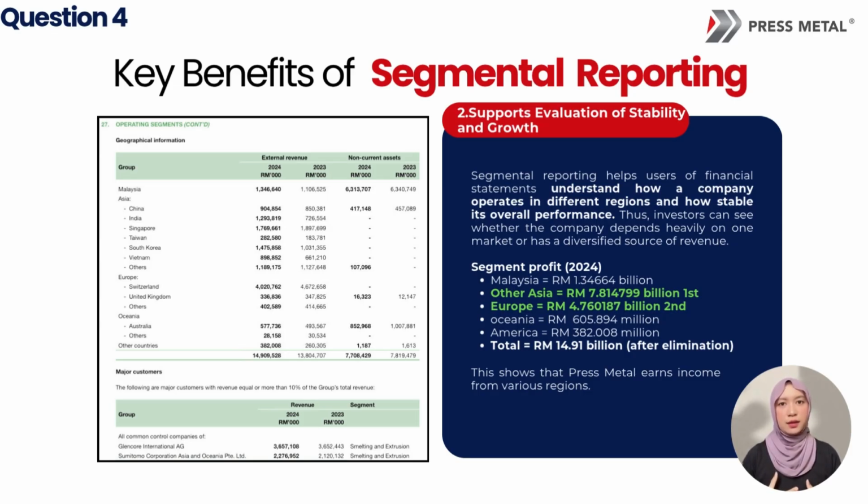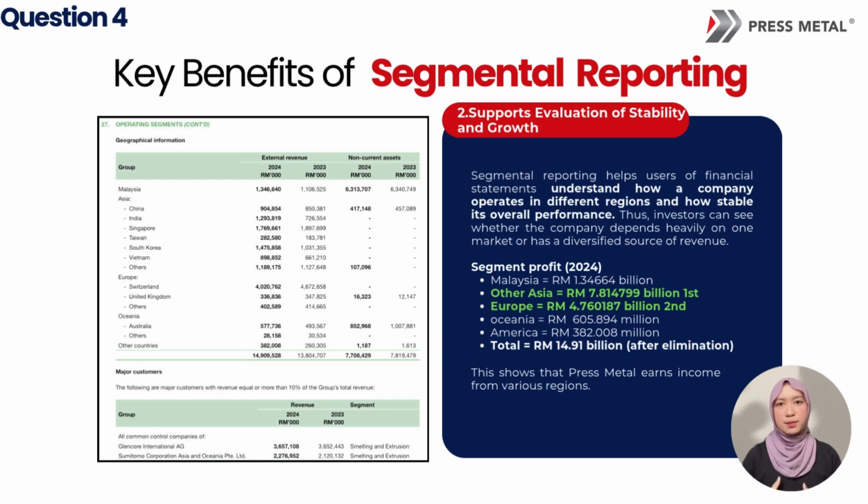By showing results in geographical segments, investors can see whether the company depends heavily on one market or has a diverse source of revenue. For example, according to the Press Metal Aluminium Holdings Berhad Annual Report 2024, revenue from external customers comes from Malaysia, other Asian regions, Europe, and America, with total revenue of RM 40.91 billion after elimination.